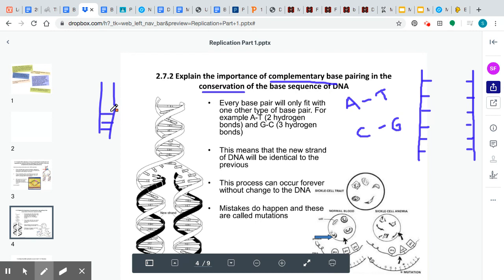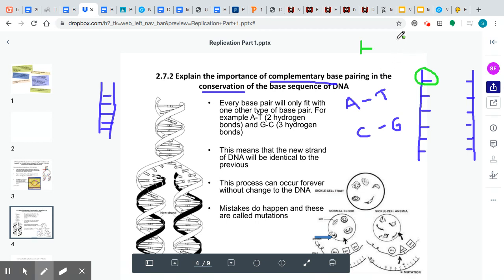So that's what I've done over on the right-hand side here, but I've split it down the middle. The other thing I want to say is I want you to visualize that this here is a nucleotide, and it looks like a T on its side, right? It looks like this, right?